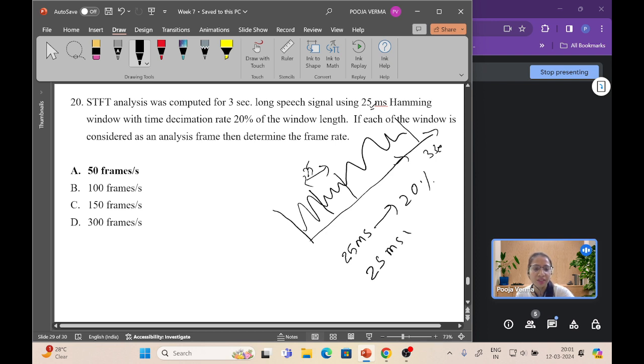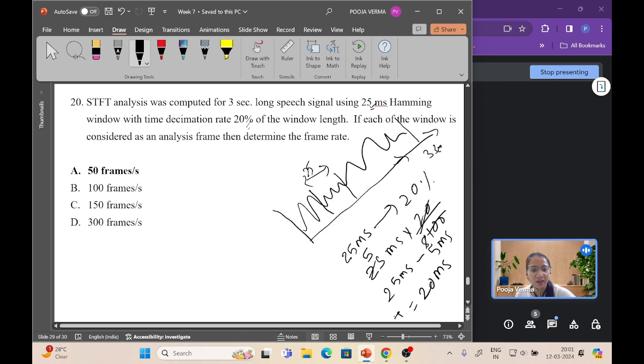So now we have to calculate 20% of 25 milliseconds. What will you get? 5 milliseconds. 25 milliseconds minus 5 milliseconds will be 20 milliseconds, right? Now the length of the window is 20 milliseconds, because the Hamming window is decimated by 20%. If each of the windows is considered as an analysis frame, determine the frame rate. How will we get the frame rate?